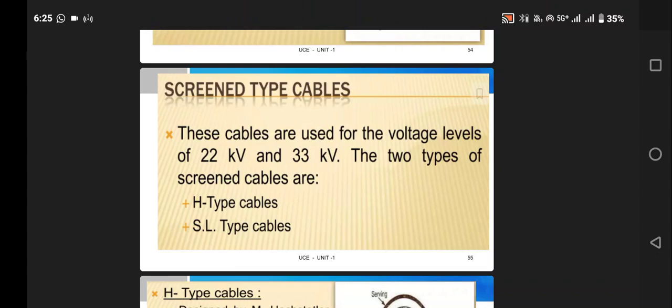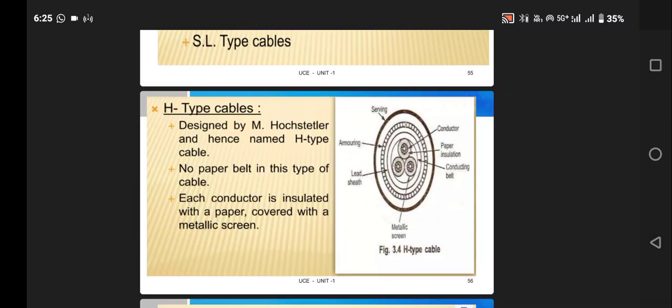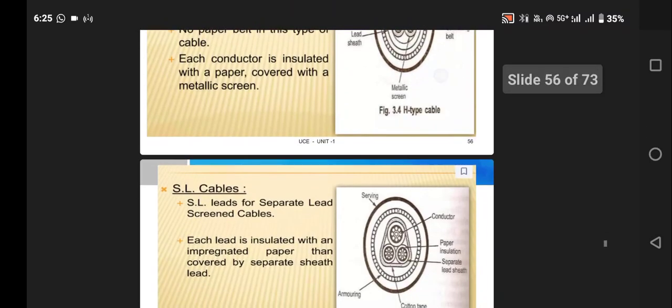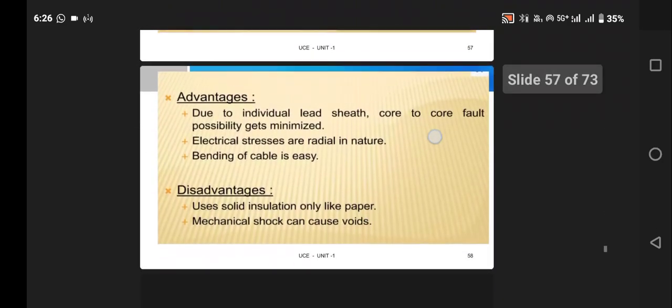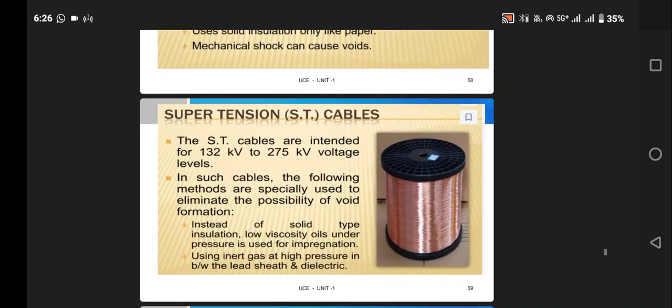It consists of two types, H type and SL type. Construction of H type cables, construction of SL type cables, the advantages of SL type cables, and ST cables. It will look like this format.